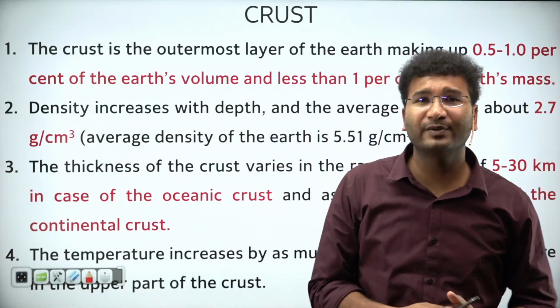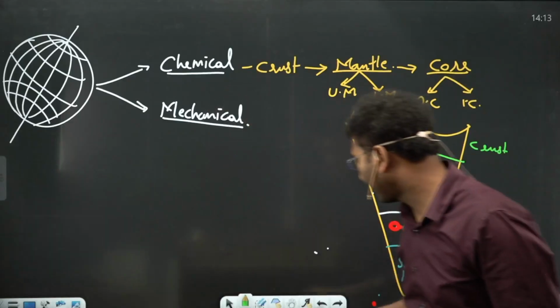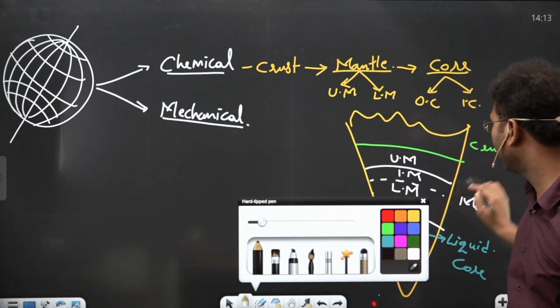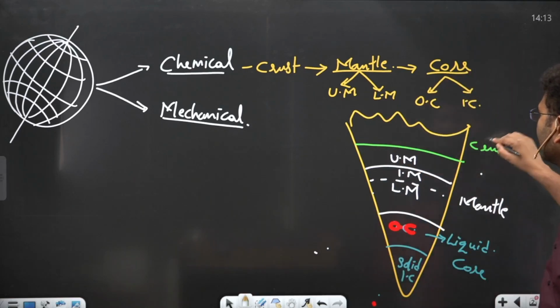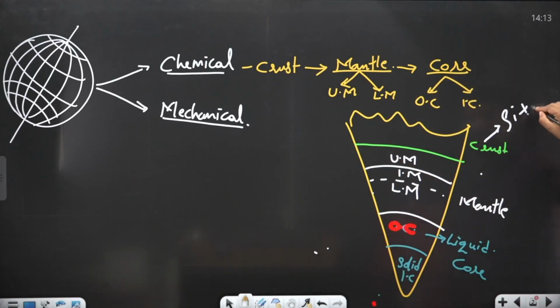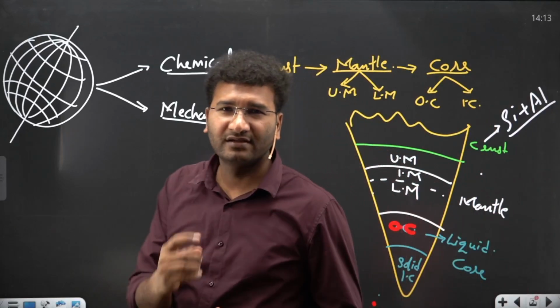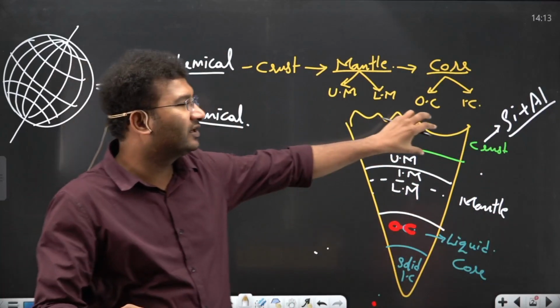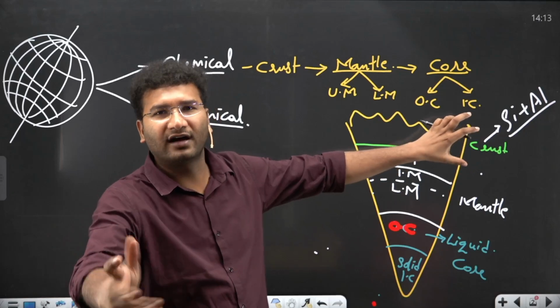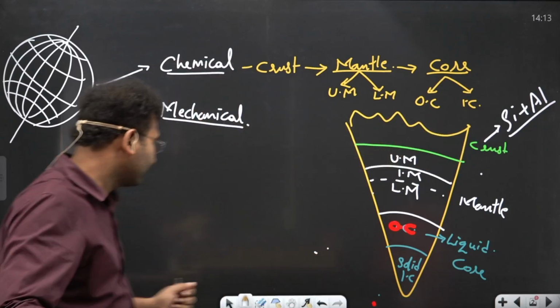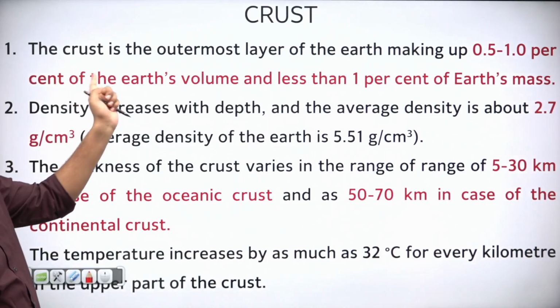Your crust is made up of primarily, this is your crust, right? This is made up of Sial, that is silica plus aluminium. Mostly silica and aluminium is found in here in one or the other form, and the density of this particular crust is very low.